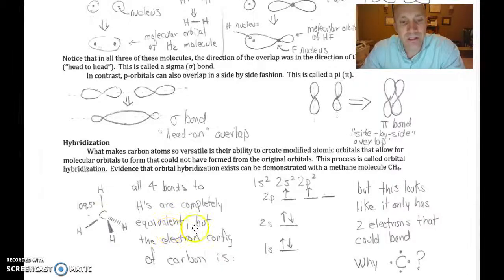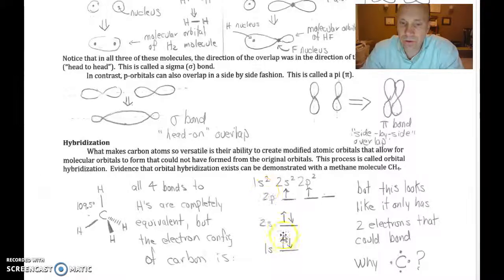So here's the issue. Back in introducing atomic orbitals, we talked about electron configurations, and this would be the electron configuration for carbon. We could take that electron configuration and do an orbital notation like this, where the further you go up, the higher the energy of the orbital.